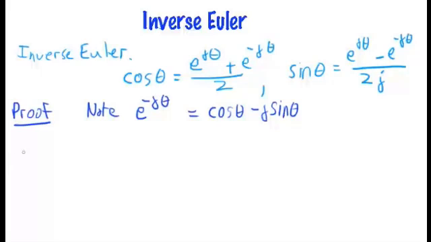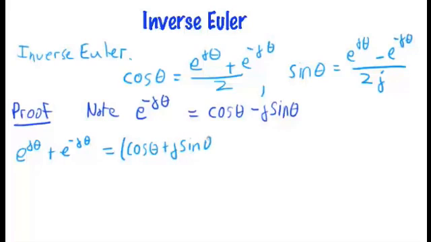Looking at the formula for cosine theta, it suggests writing out this sum, e to the j theta plus e to the minus j theta. We use Euler's formula to write that as cosine theta plus j sine theta for the first term, and plus cosine theta minus j sine theta for the second term.